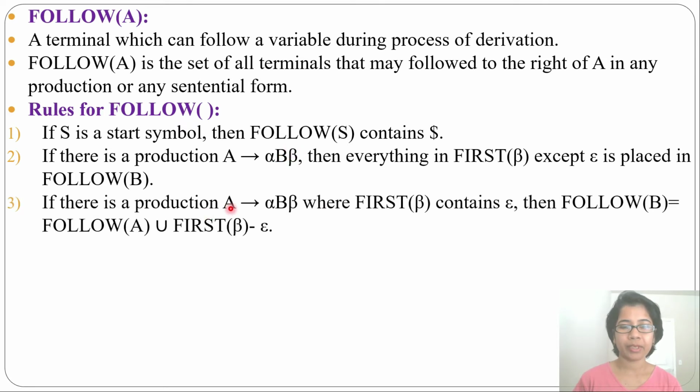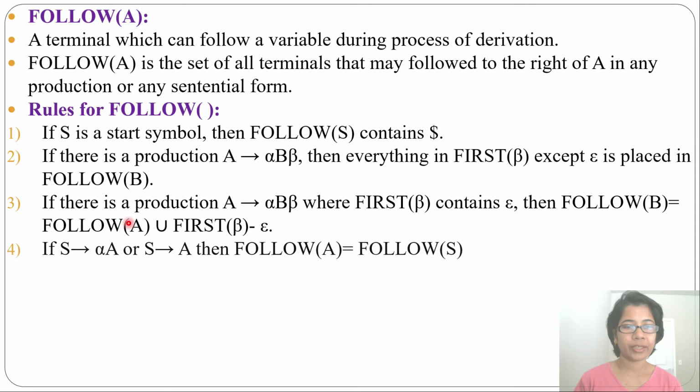If there is any production A derives alpha B beta and first of beta contains epsilon, then follow of B will be follow of A union first of beta minus epsilon, as follow cannot contain epsilon. The next rule: if S derives alpha A, or simply S derives A, then follow of A will be follow of S. Just remember these four rules. We'll use these four rules for finding follow.